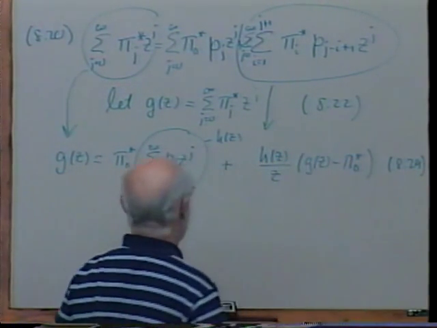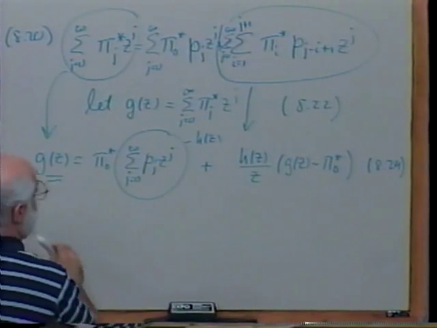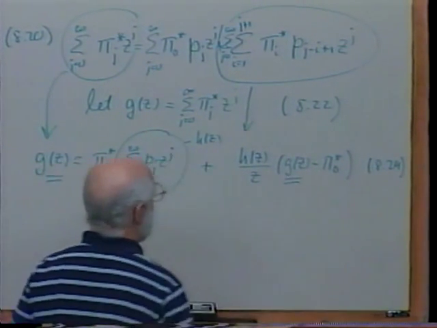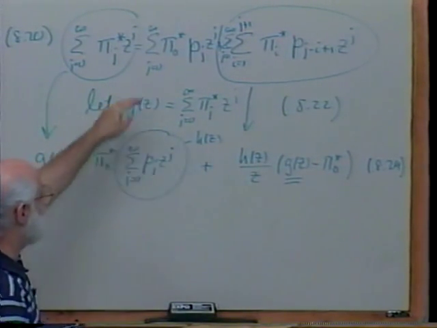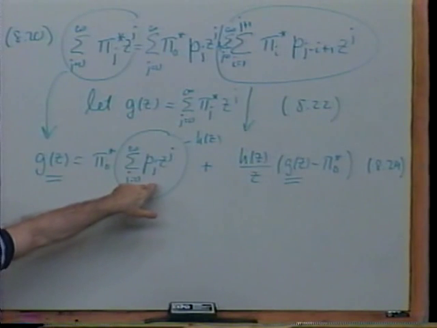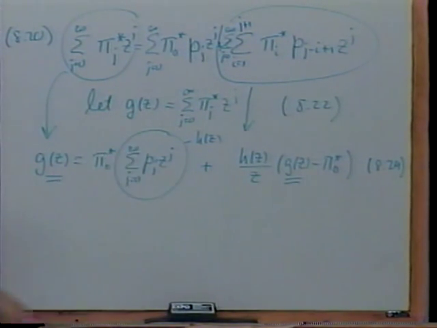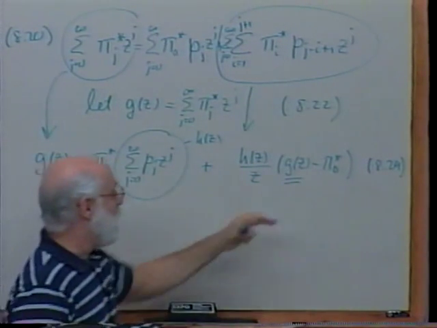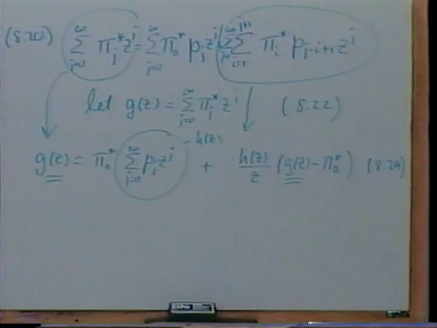Now we're getting somewhere, because now we have everything in terms of g of z, which is what we want to find, and h of z, which presumably we know, because h of z is simply the generating function of the number of arrivals during a service time, and we know the service time distribution. That's our parameter in a sense. And this unknown constant pi 0 star, which of course we're going to calculate by normalization.